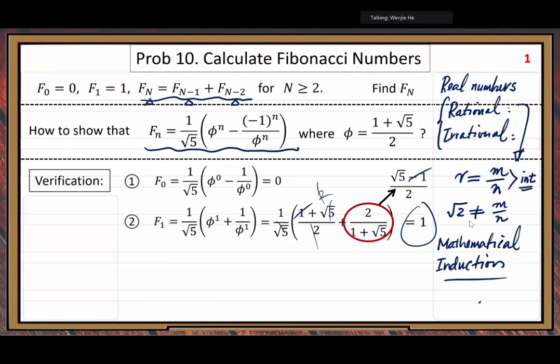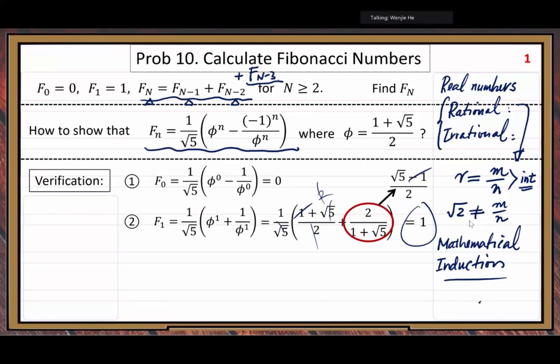So that means you need two base cases. If I add the term f n minus 3, then you need to verify three base cases. If I add one more term, 2 is not enough, so you need to verify another.